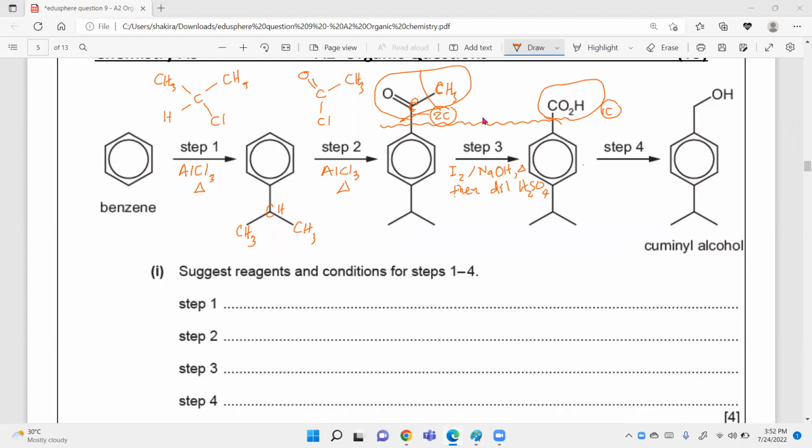If you worry about the reagents and conditions over here, what is the name of this compound? This compound is 2-chloropropane.